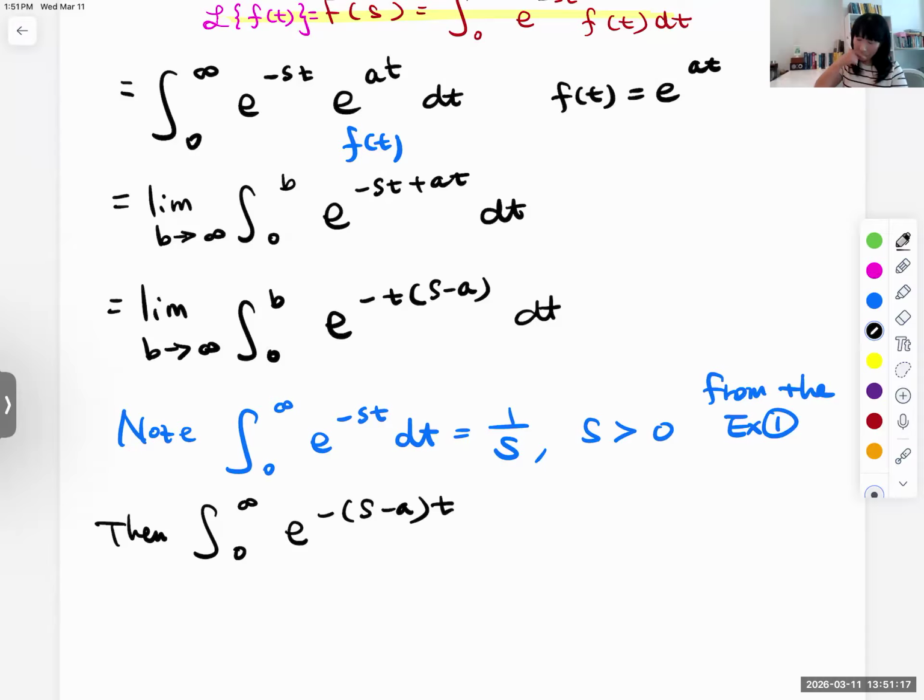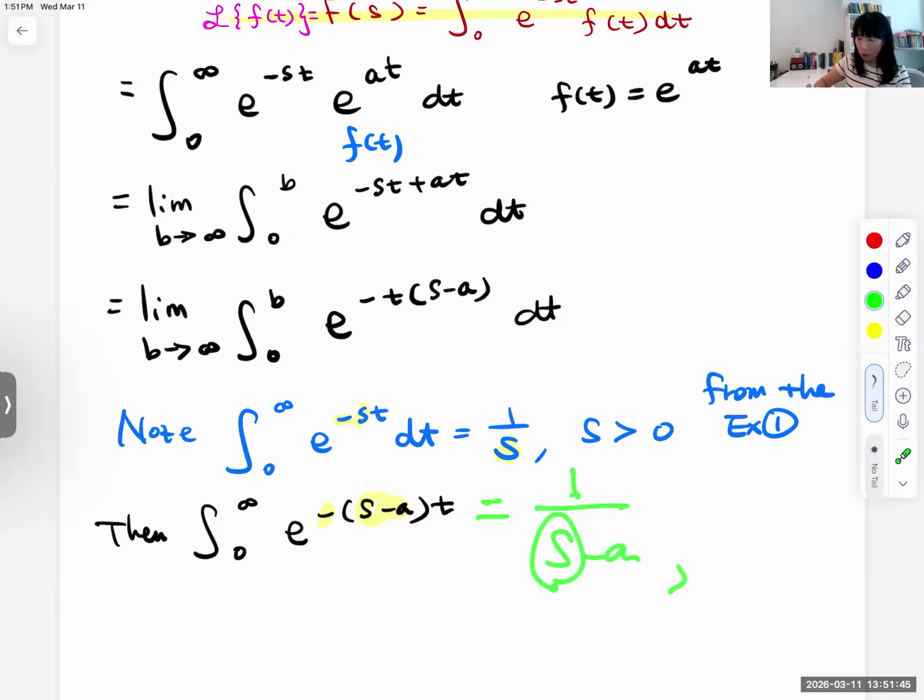Okay, now can you see that we had earlier, if we have negative s, then we have 1 over s. Yeah. Here we have negative s minus a, then I want to write out 1 over s minus a.